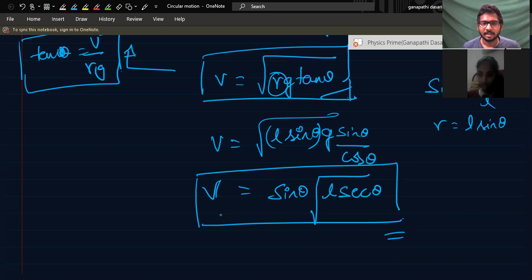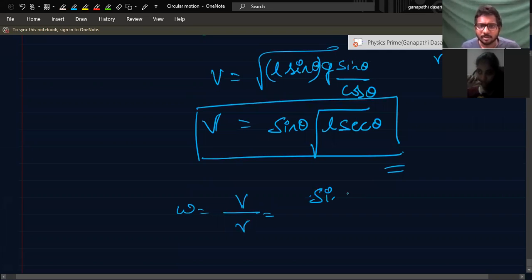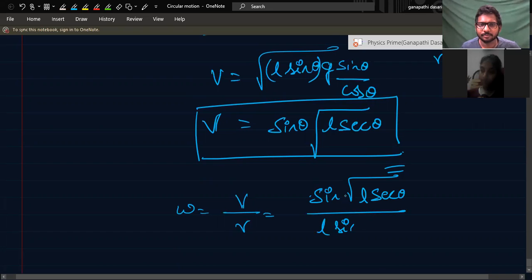Okay. Let me check. Omega is maybe my answer here. Omega is equal to how much? V by R, right? Yes, sir. V is how much we got? Sin theta into root over L secant theta, divided by R is how much? L sin theta. So sin theta cancels, right?